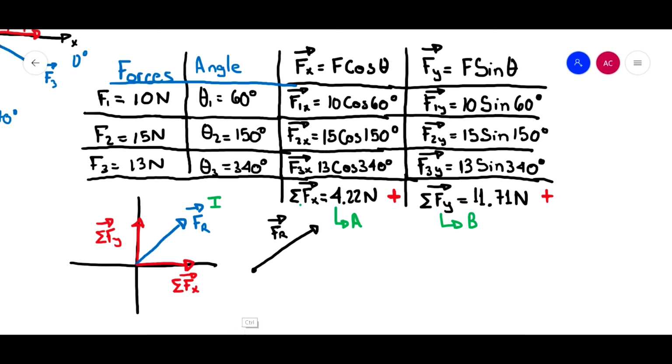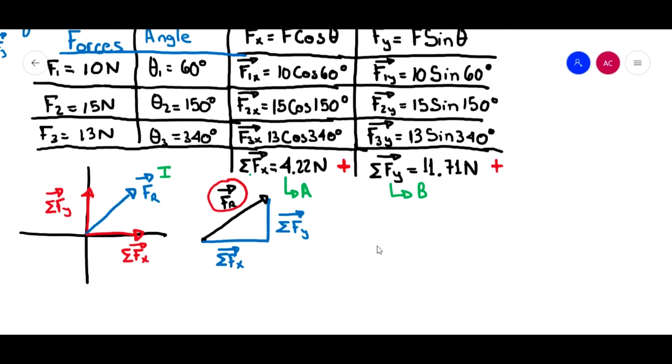This is Fx, and this is Fy, the sum of Fx, and this is the sum of Fy. Do you see it? So if I want to find the resultant force, that is going to be the hypotenuse.